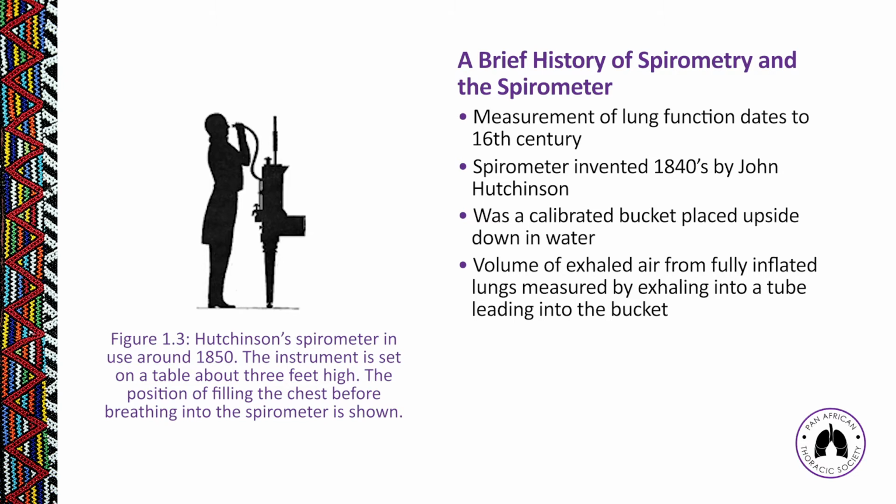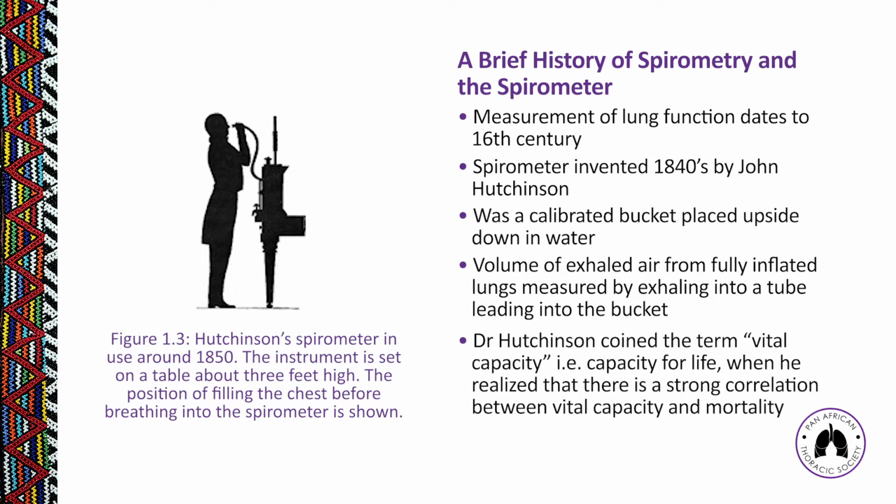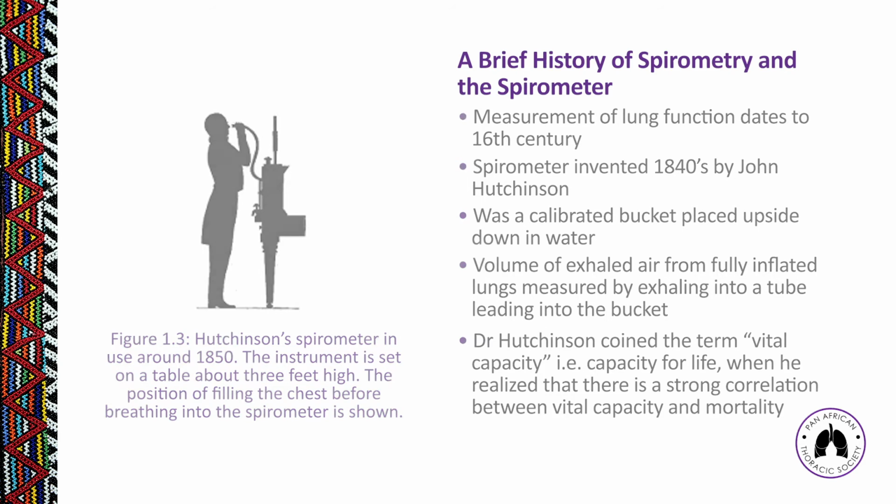And John Hutchinson at that time was the person who coined the phrase vital capacity, because he realized that the larger your vital capacity, the stronger you were, the more vital you were. And so that is a term that has stuck today, the vital capacity. How much air can you breathe from total inspiration to total expiration? And the larger that volume, the likelihood is the more vital you are, the healthier you are.